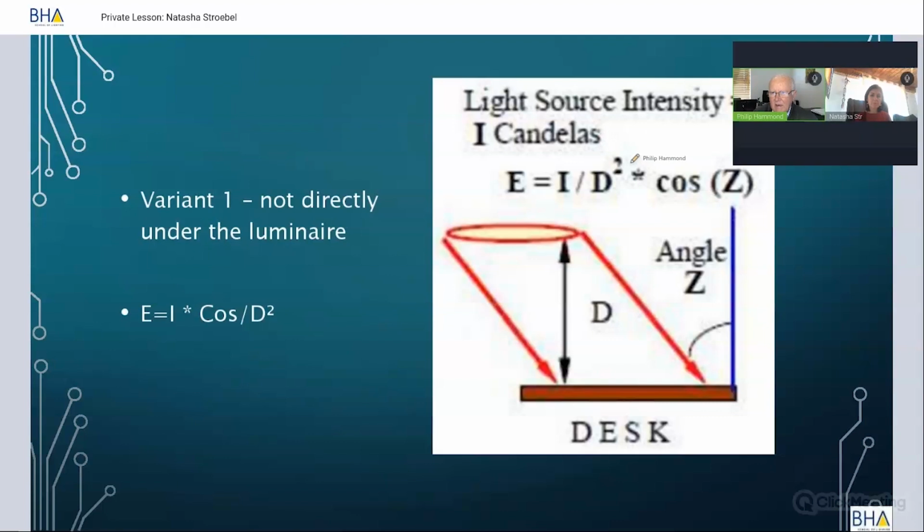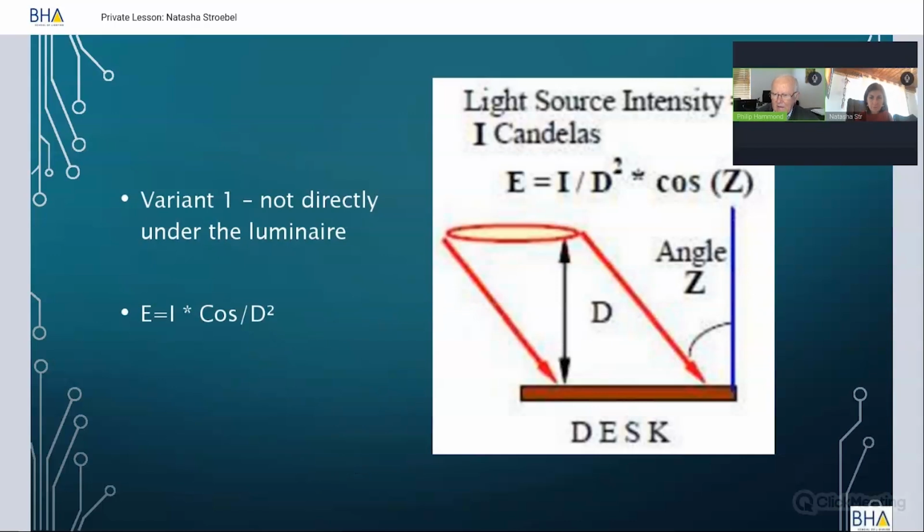We do that part multiplied by the cosine of the angle that we're talking about. So we would have that angle, for example, there. So that's the one. E is equal to intensity times cosine of the angle divided by distance squared.